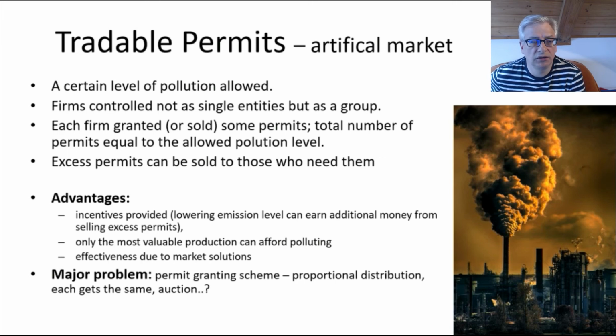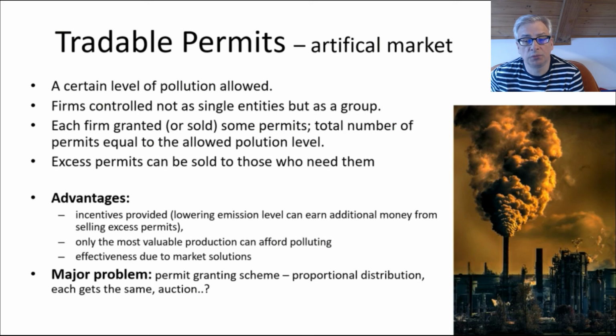So the idea here is we have a certain level of, let's say, carbon dioxide emission. Let's call this level N. And we decide to reduce it by 20%. Hence, we make just 80% of N available for businesses.